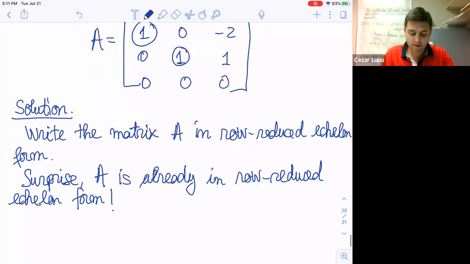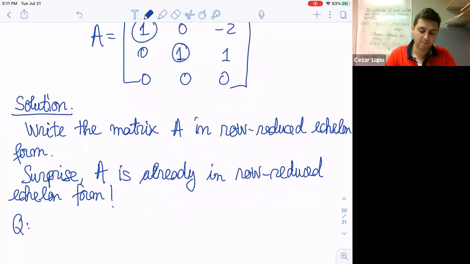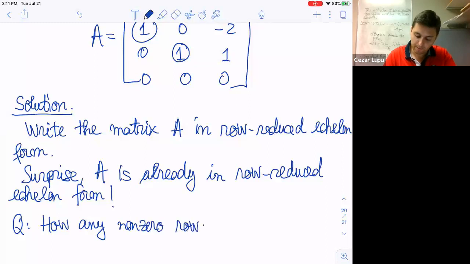Now the question I want to address to you is, how many non-zero rows does A have? How many, not how any.